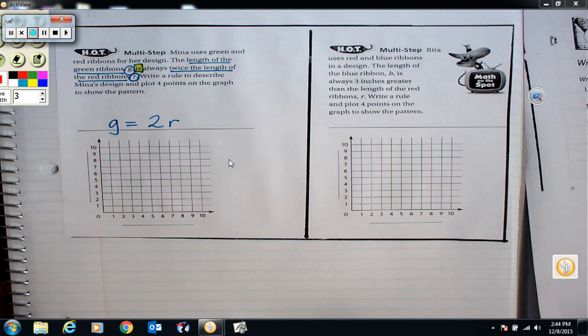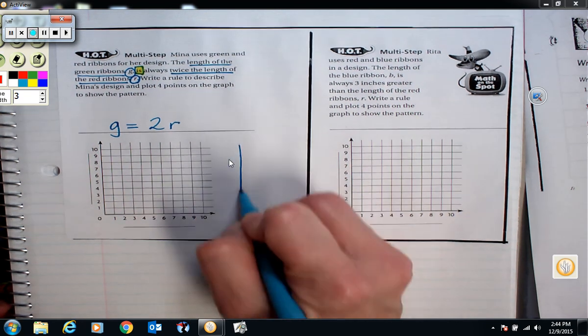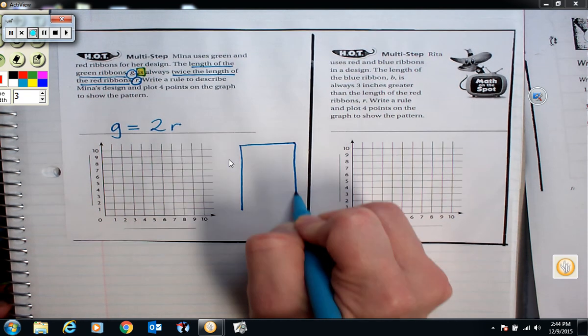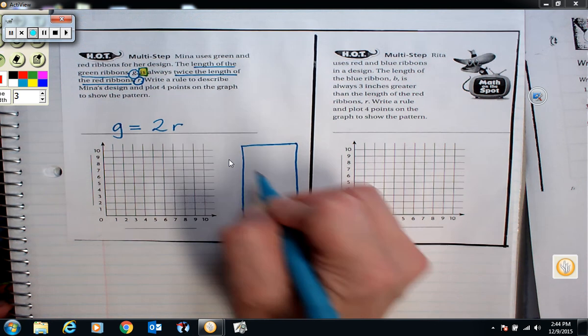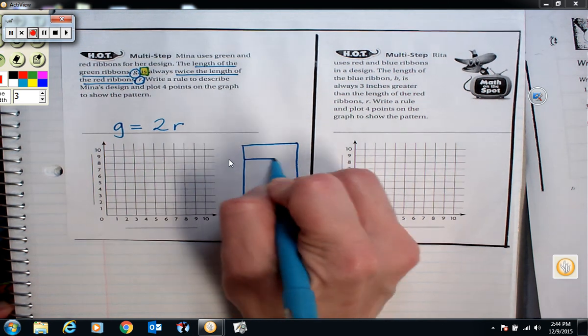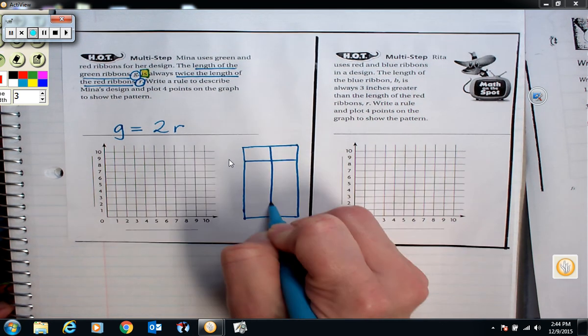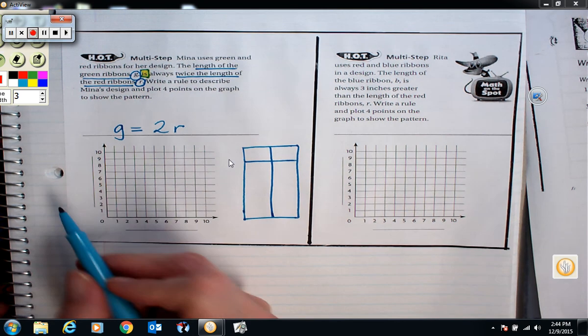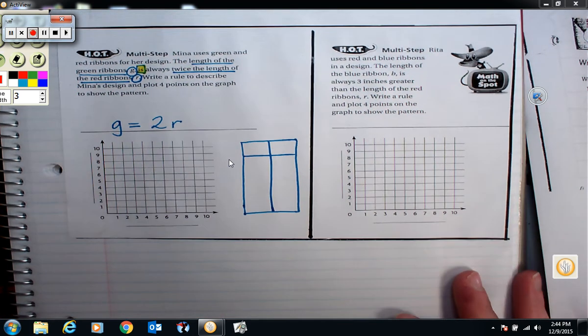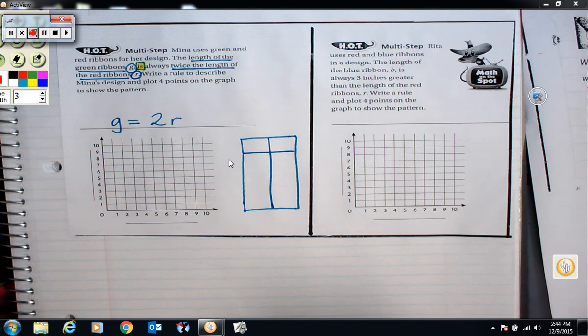And then I can go ahead and create a small input-output table. And I need to decide before I go any further which of these, G or R, green or red, which one is my input and which one is my output. That will also help me label my graph. So the input is the one that is being crunched.